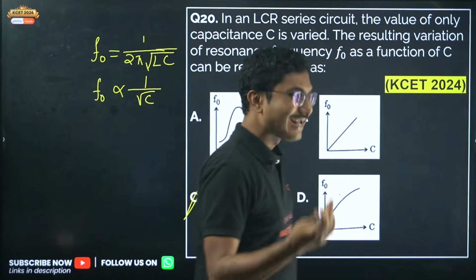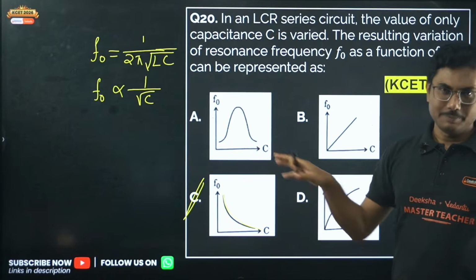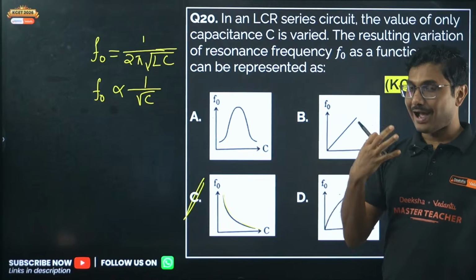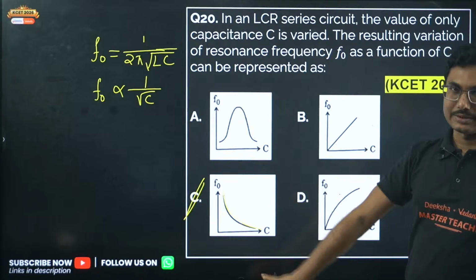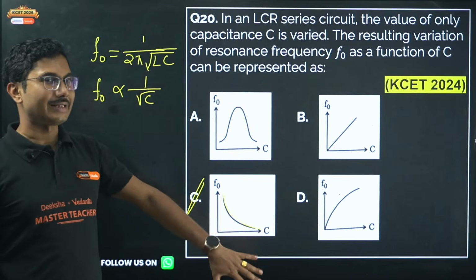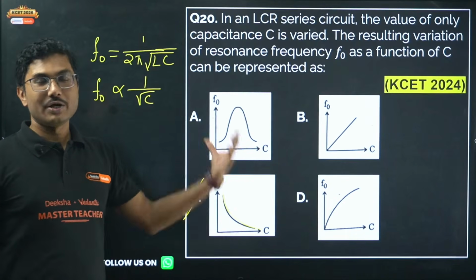Now remember that in KCET, if you see a graph pattern and you don't understand the question, or you don't have time to solve it and want to guess, this will be the correct guess. This pattern should be your guess, with a 90% chance of being correct.